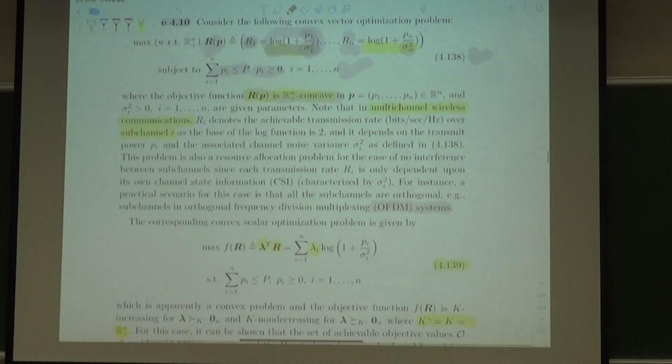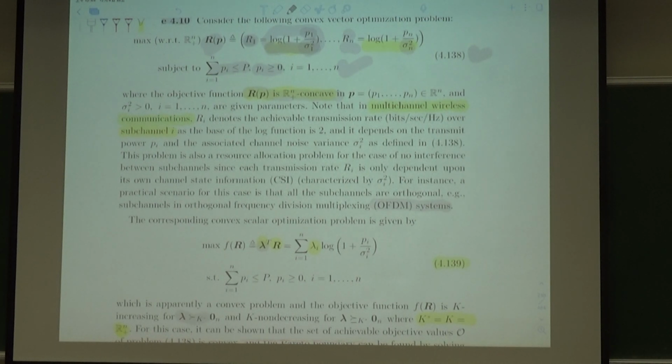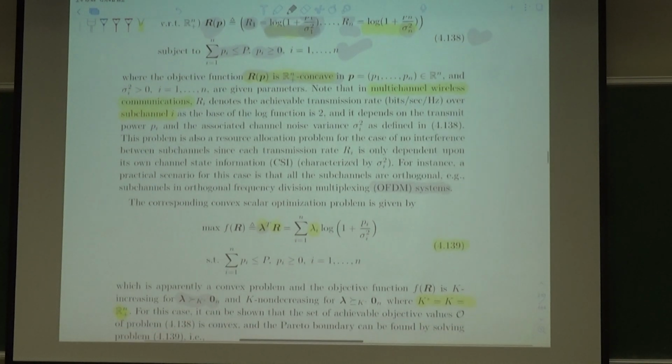However, how do you find the maximal points? Again, you need to choose a lambda, lambda greater than or equal to 0.